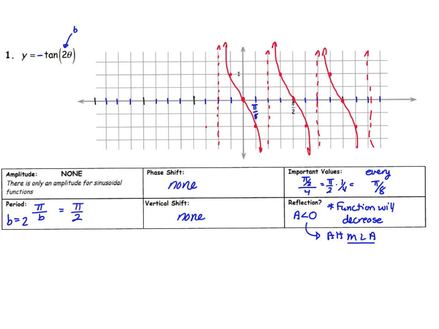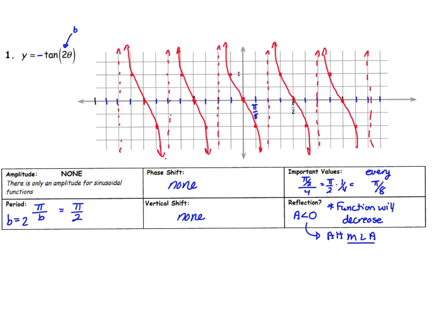And then we would have again low, middle, high, asymptote. I'm just finishing the graph, completing the whole graph from left to right, and using that pattern that I accomplished on the right side. So this would be our function y equals negative tangent of 2 theta.